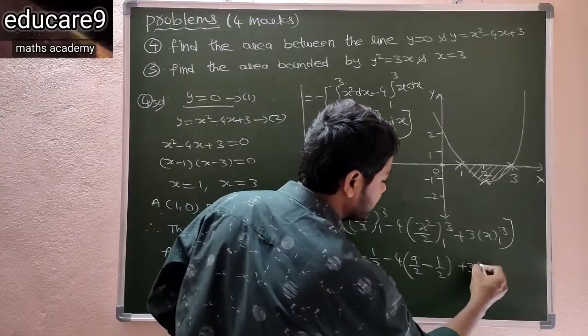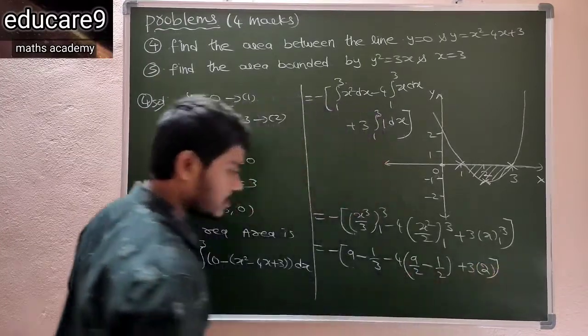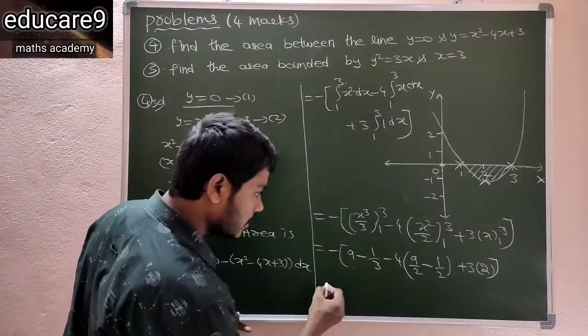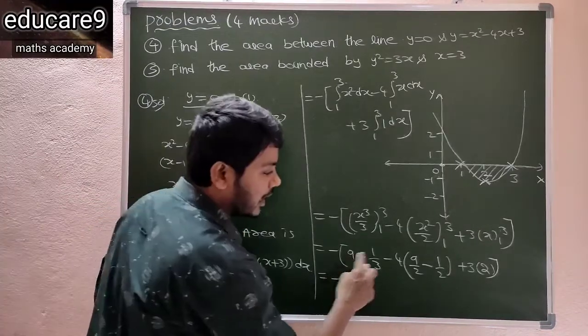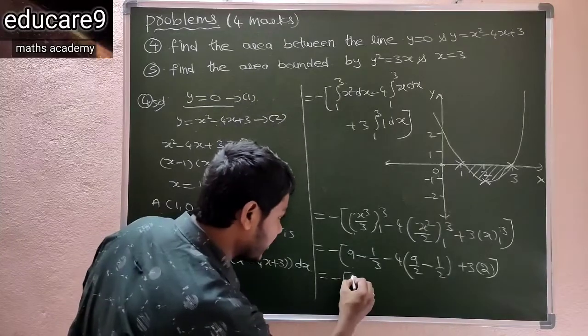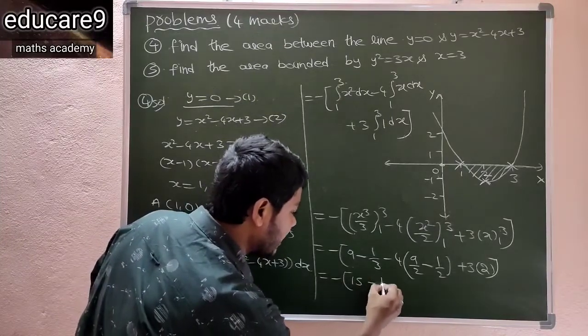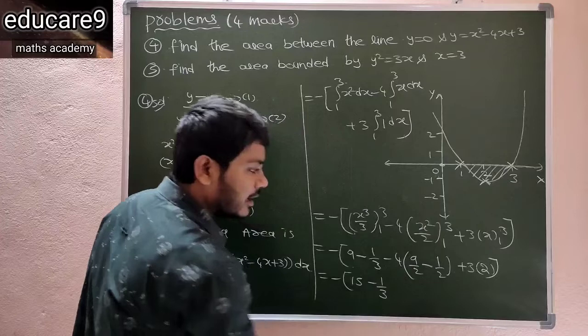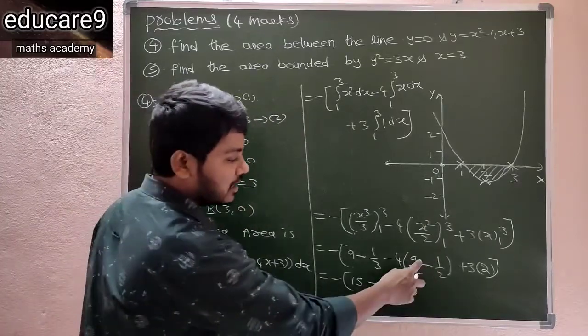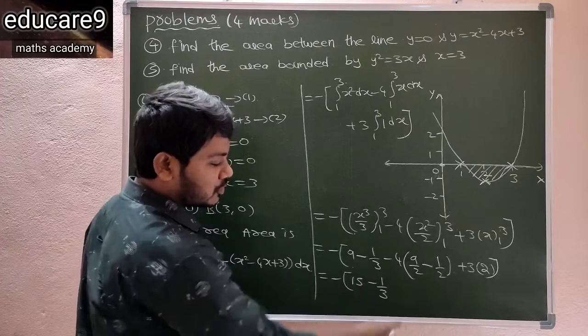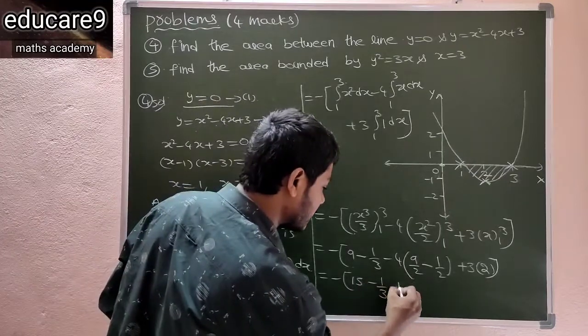So 3 minus 1 is 2. Okay. Now clearly this is what? Minus 9 plus 6, 15 minus 1 by 3, and here 9 by 2 minus 1 by 2, that is 8 by 2. 8 by 2 is 4. So 4 into 4 is 16.